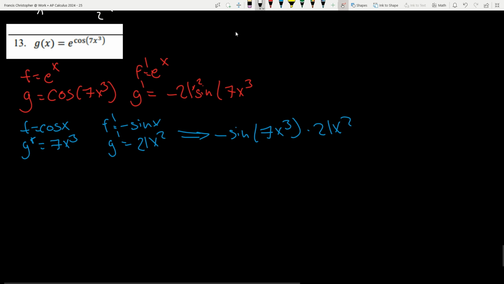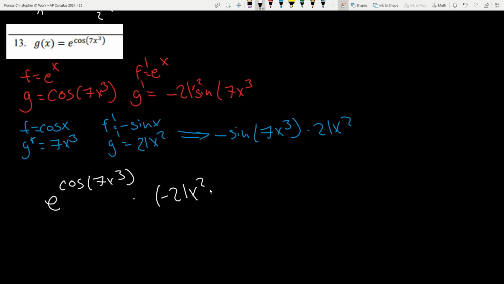I'm sorry. Now, putting everything together, we put in g for f prime, so e to the cosine 7x cubed times negative 21x squared sine of 7x cubed. And I'm just going to write this in a more compact way.